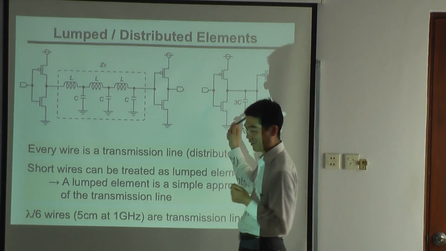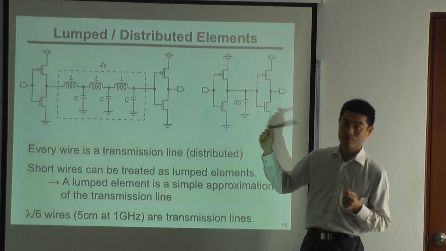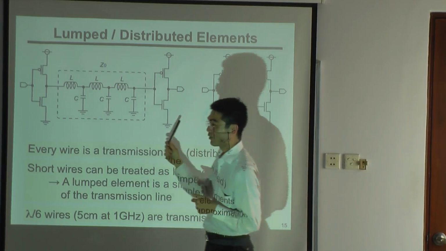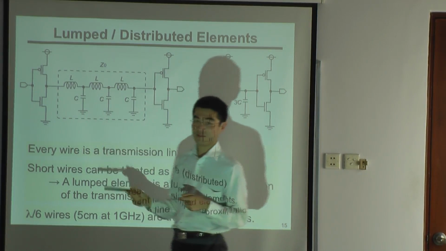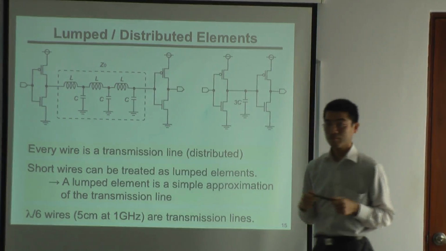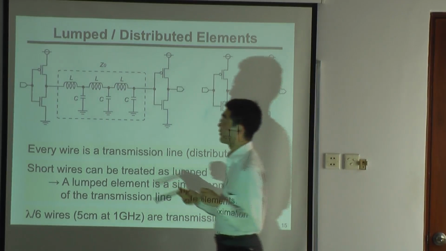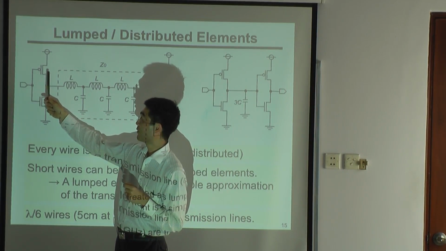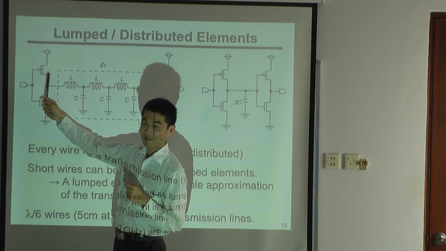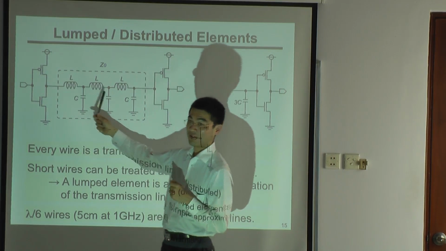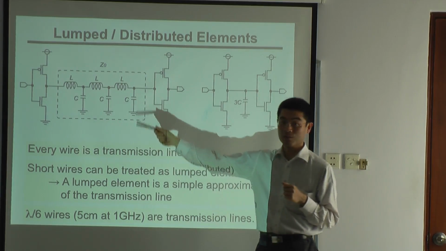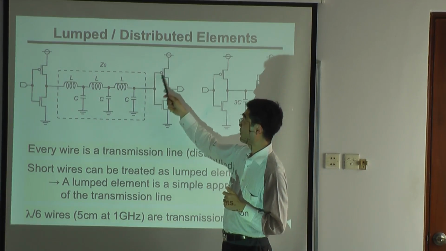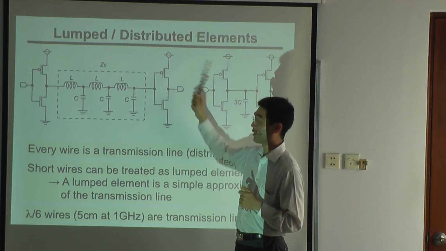In this case, let's say we ignore resistance. So the wire between inverters also has L and C, kind of like this. And the output impedance is, because this is kilo, larger than the characteristic impedance of the wire. And the input impedance is almost infinity.